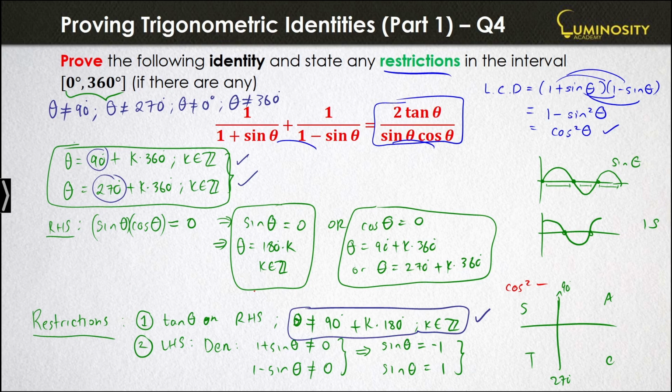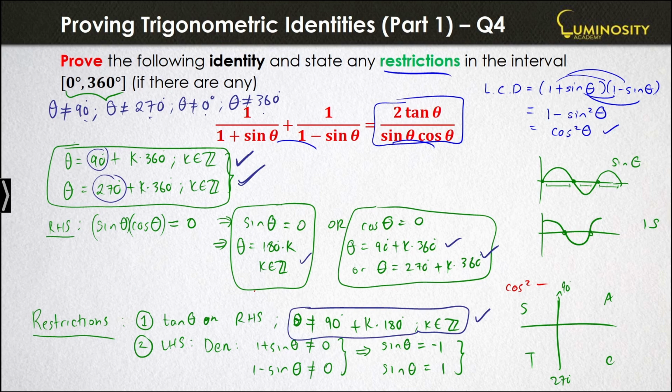So I've exhausted all the solutions here because everything else will be outside of 0 to 360. And then lastly, for cos theta equals 0, here we have the 90 plus 360k or 270 plus 360k. These are exactly the same as these two solutions here, so we've already exhausted all of them. So the restrictions are 0, 90, 270, and 360 degrees.